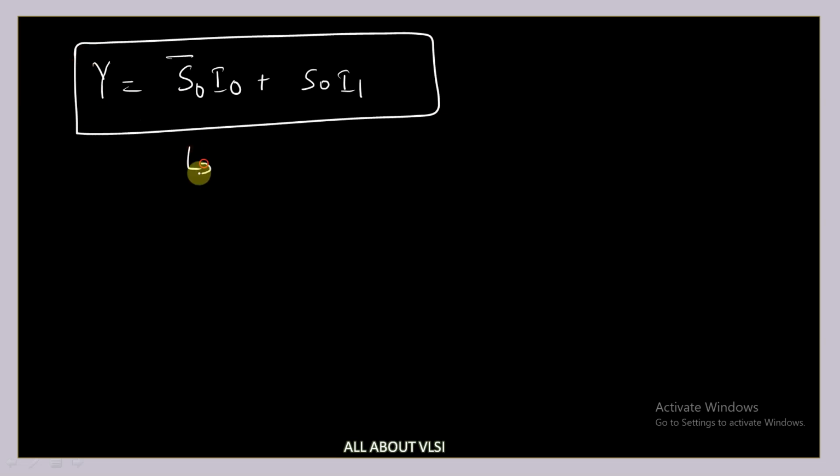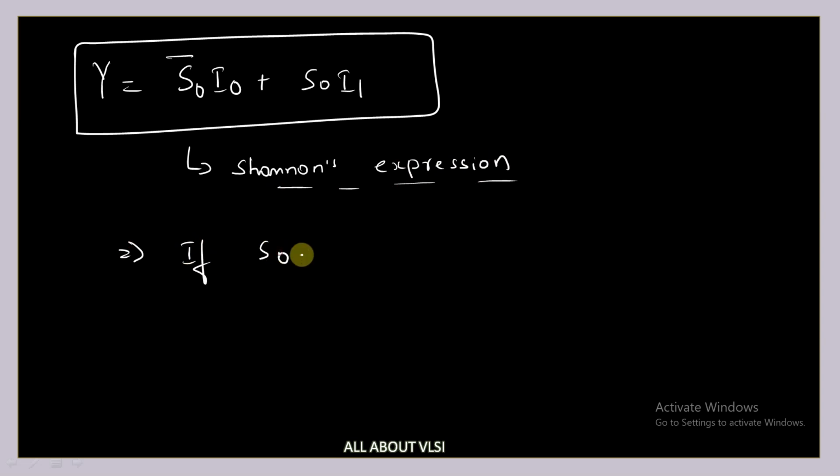This is also known as your Shannon's expression. So this is how we are going to form the equation for your multiplexer. Y is equal to S0 bar into I0 plus S0 into I1. So you can also substitute the values, like let's say if your S0 is equal to 0, and let's say if your I0 is equal to 1 and I1 is equal to 0.